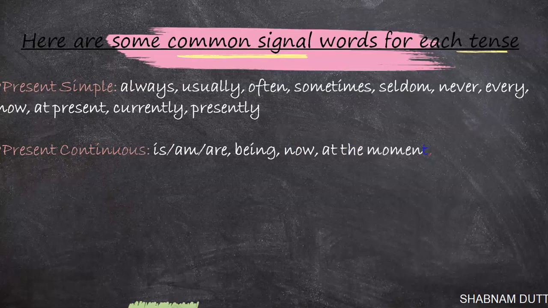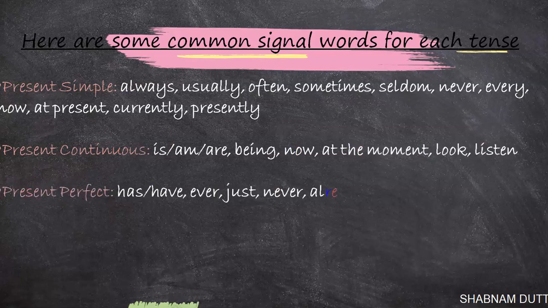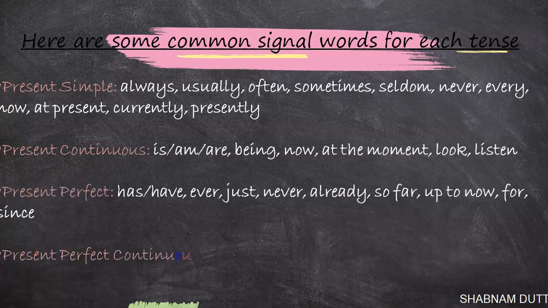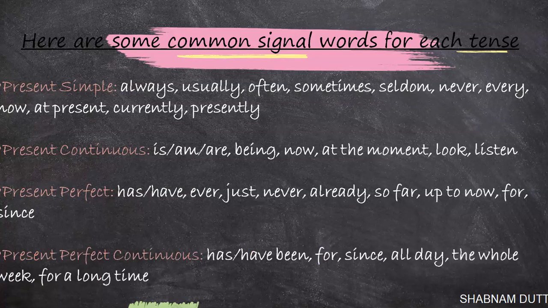The signal words to use with present tenses are: for simple present tense, you should use always, usually, often, sometimes, seldom, never, every, now, at present, currently, presently.